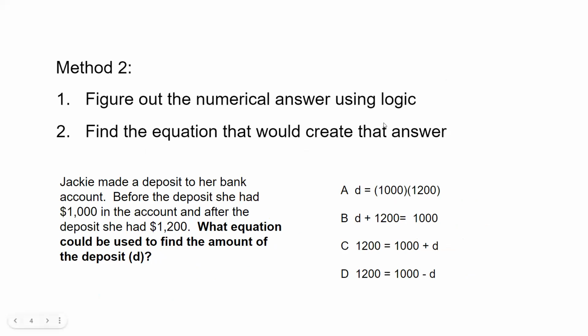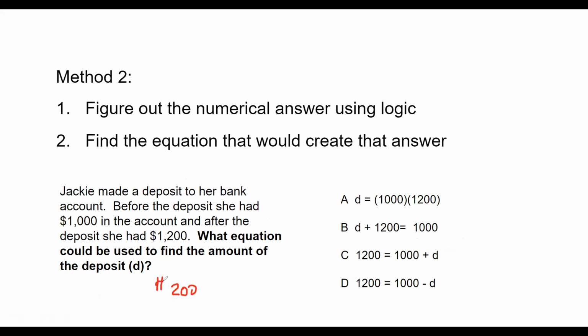In simpler word problems, you can sort of figure out the answer by just reading through it and applying the logic. So in this case, if we started out with 1,000 and we ended up with 1,200, then we must have deposited $200, right? So then we look at these equations and we check to see which one would produce the answer of $200.